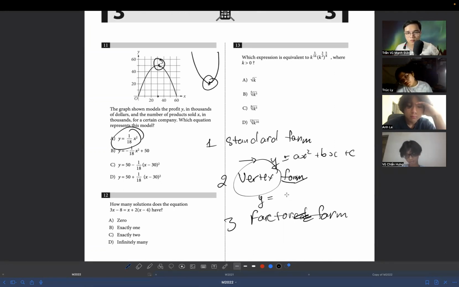So you will get y is equal to a(x minus h) squared plus k. I will have the minus in red because this minus is very special and easily mistaken.